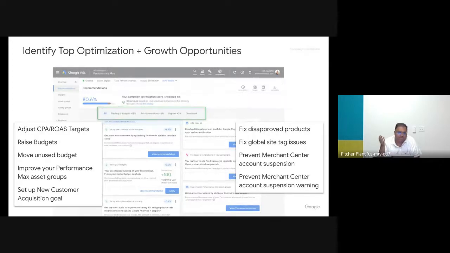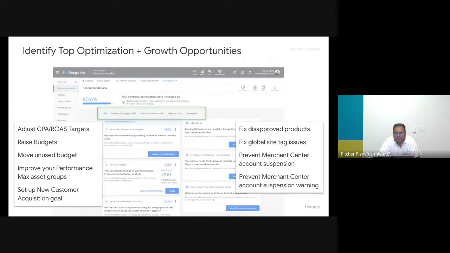The recommendations tab is also a great resource to identify and fix any issues that you may be having within your account, whether it's fixing disapproved products or global site tag issues, or preventing your Merchant Center account suspensions if you're a retail customer. So I highly recommend checking the recommendations tab out periodically.